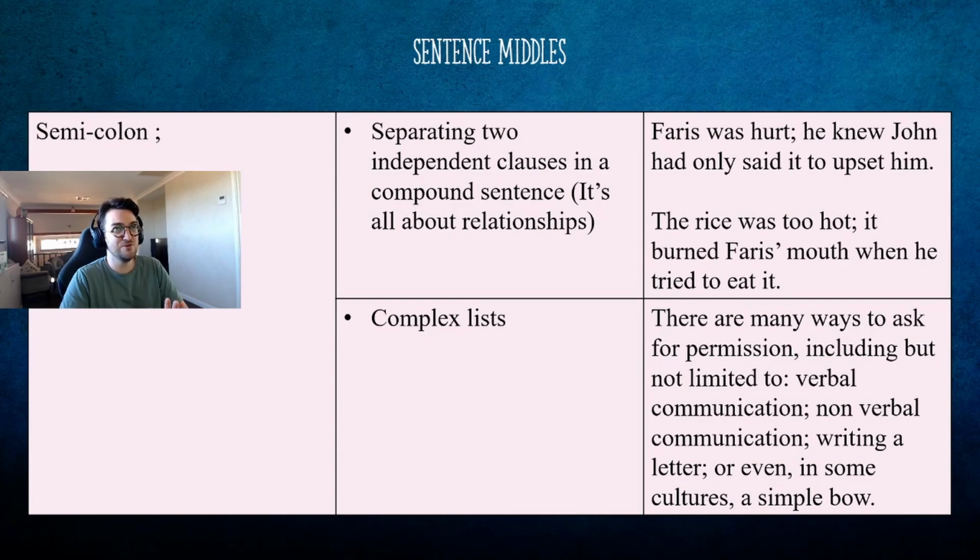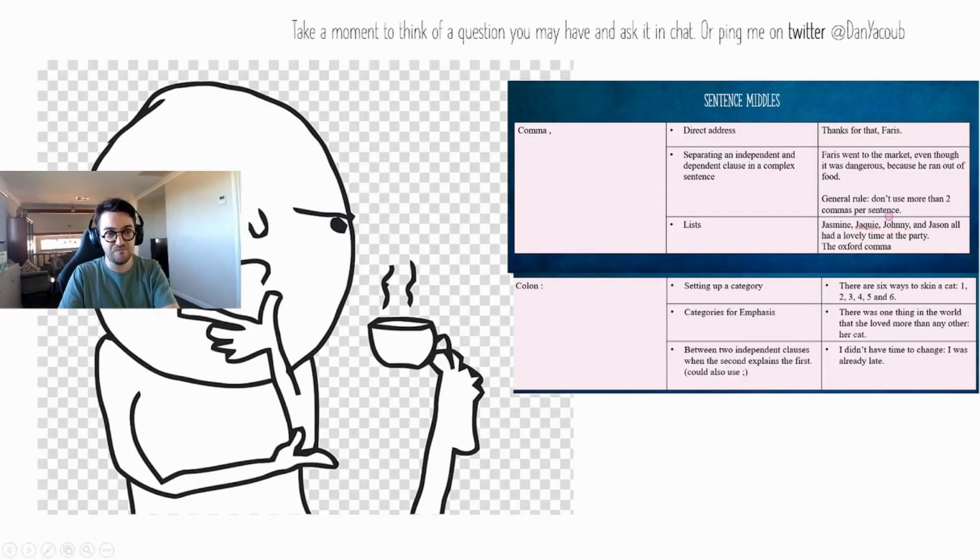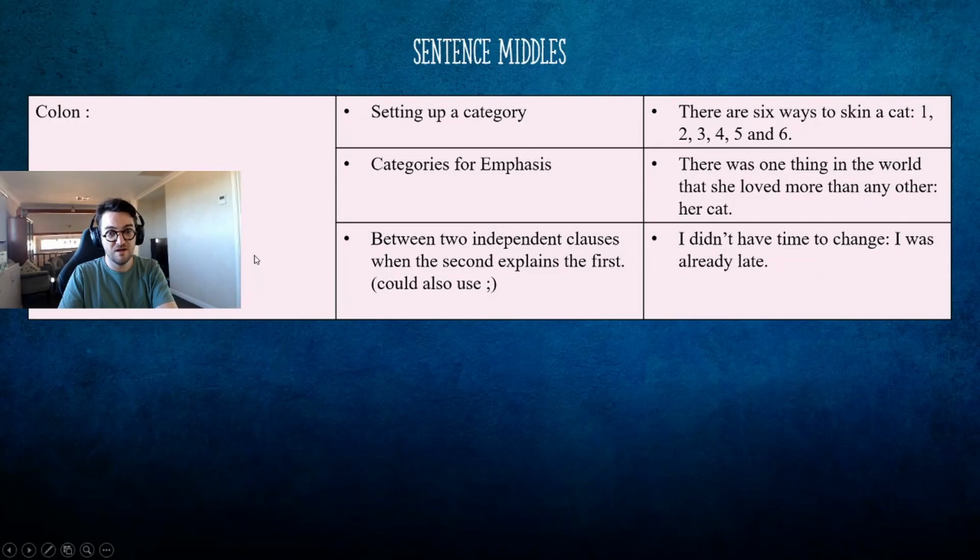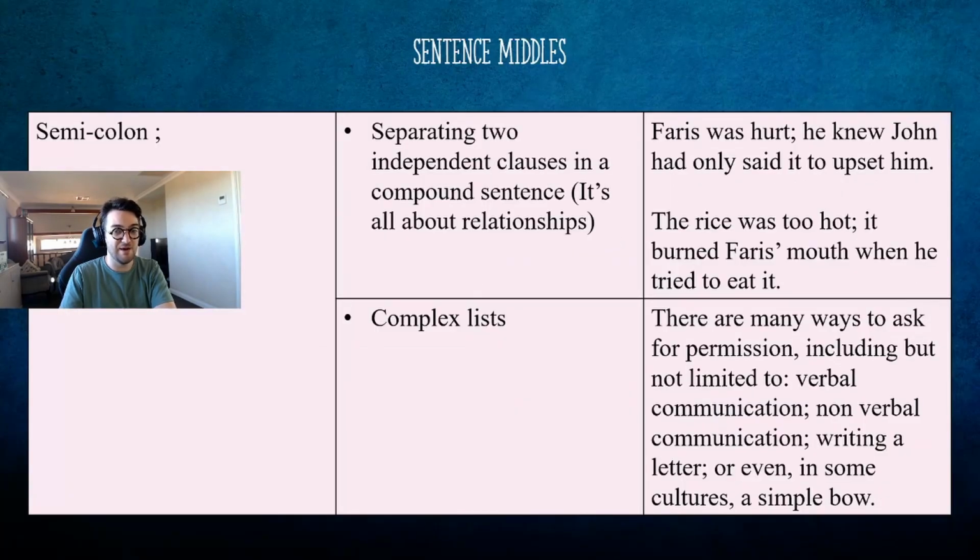Now, as we've just talked about with commas, you can use commas to do this as well, and you can also use colons. However, this is just a stylistic choice. This is about relationships and how close you want things to look on the page.